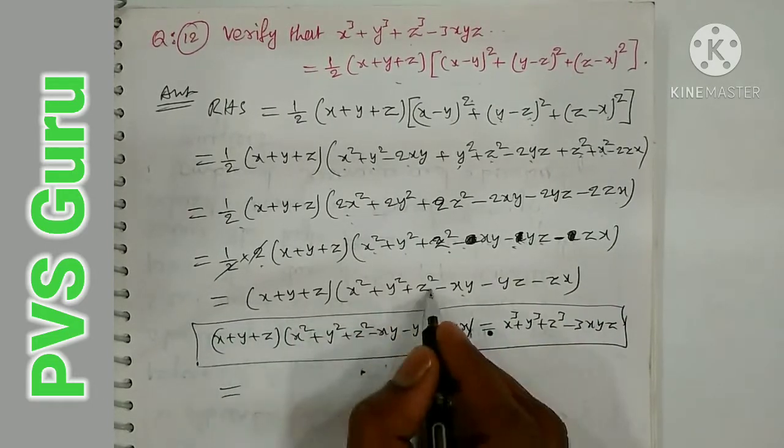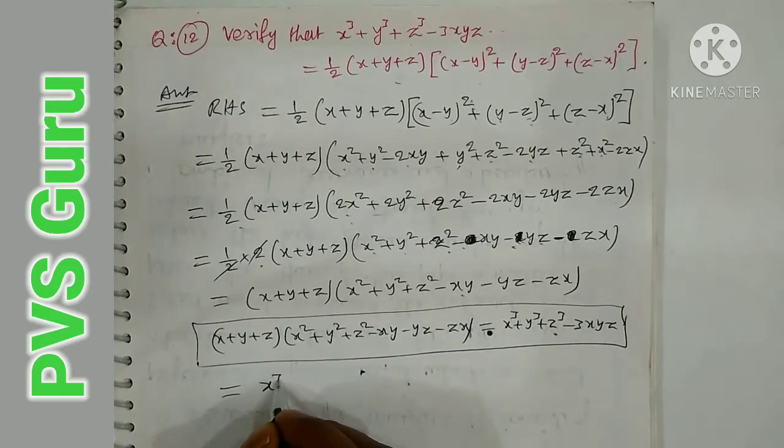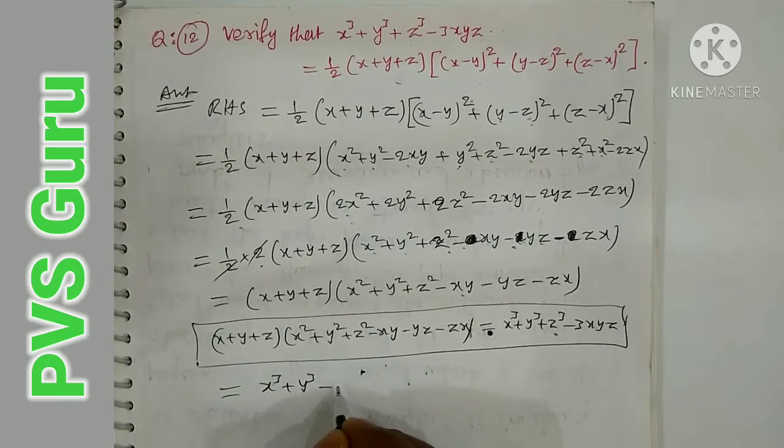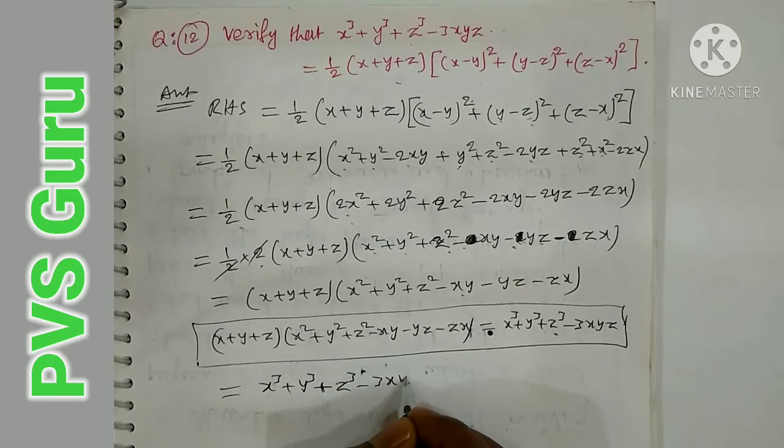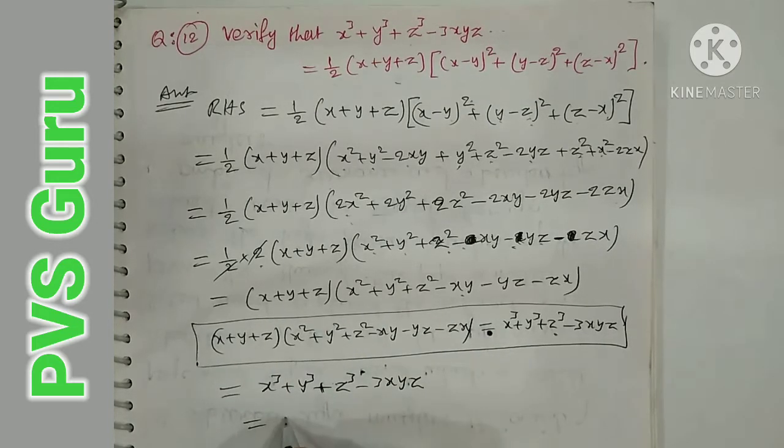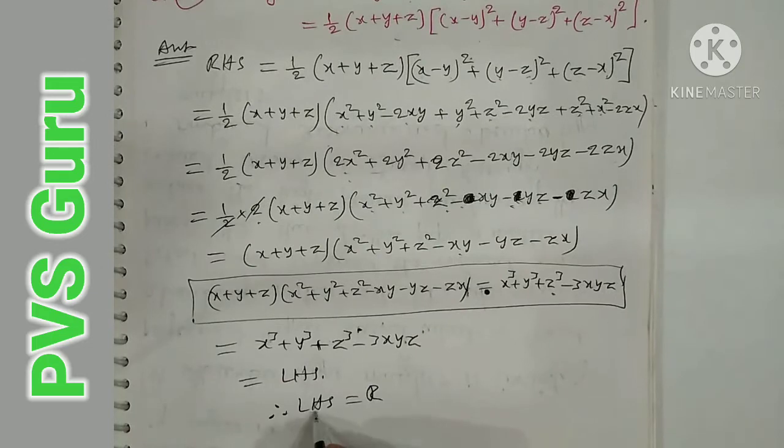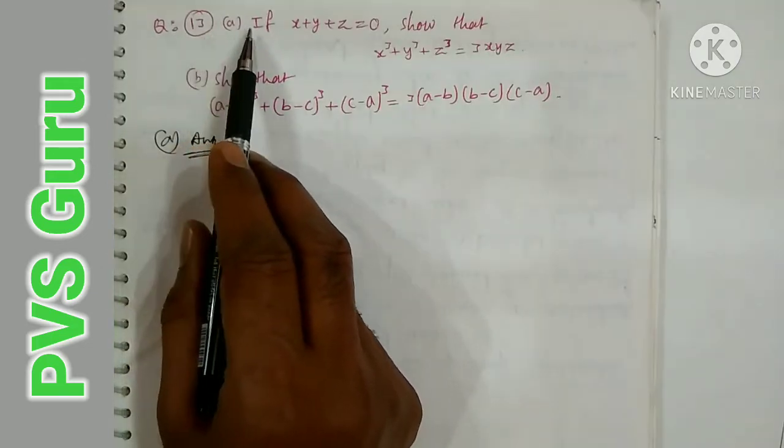So this is equal to x cube plus y cube plus z cube minus 3xyz, which is the LHS. Therefore LHS is equal to RHS. Hence proved.